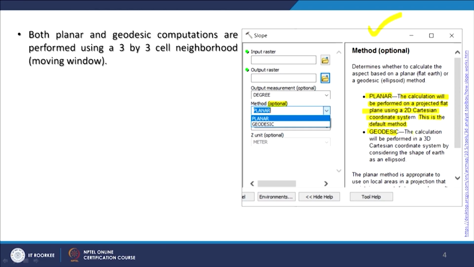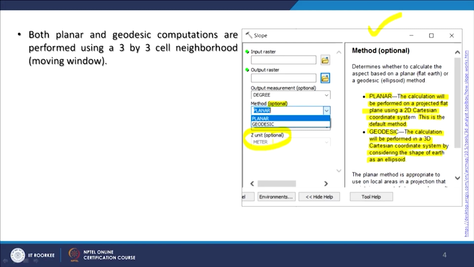Now, in the geodesic method, the calculation is performed in a 3D Cartesian coordinate system by considering the shape of the earth as an ellipsoid, and if you want further details, of course those are available. And remember all the time this Z factor, though it is written optional, when our digital elevation models are in decimal degrees and the cell values are in meters, we have to take care of this.